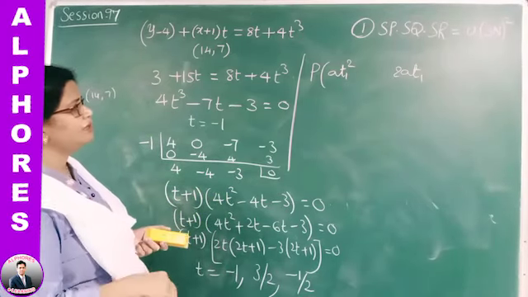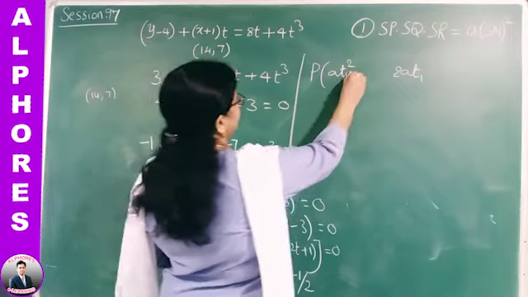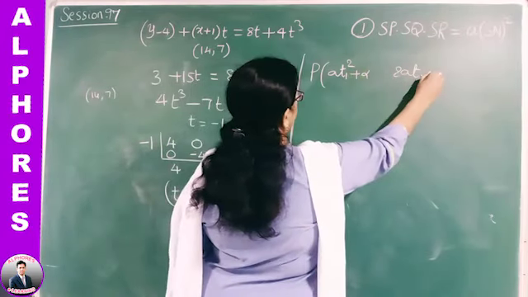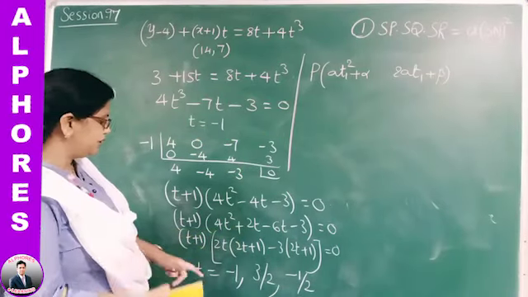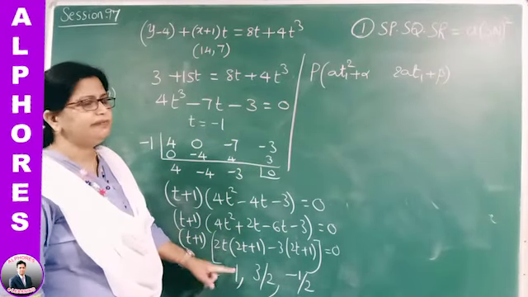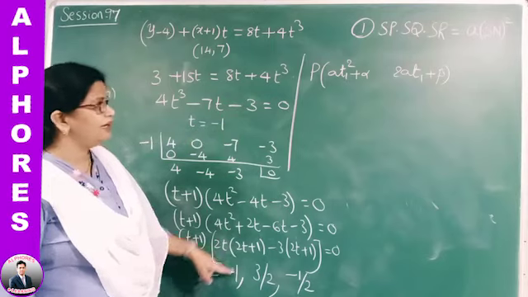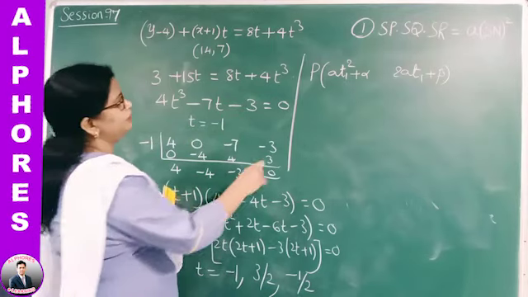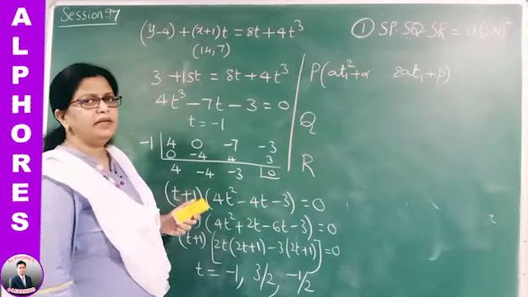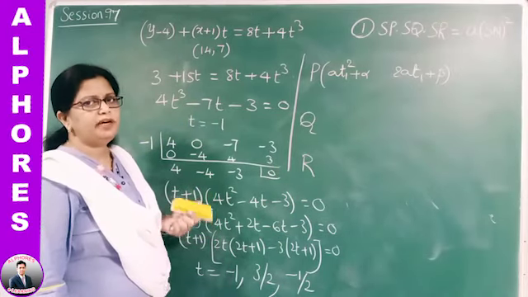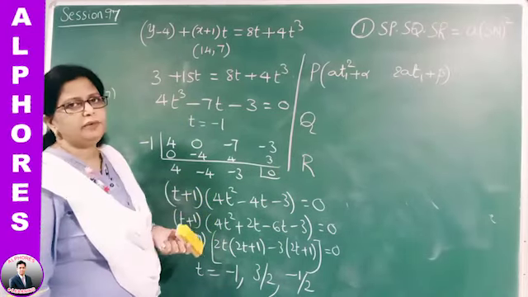That means extra what you have to add here? Plus alpha, and here also plus beta. So you got t value here minus 1, then just substitute that value there. Again in the same way, students, you write for Q, and at the same time you write for R. So these are the co-normal points to our parabola.